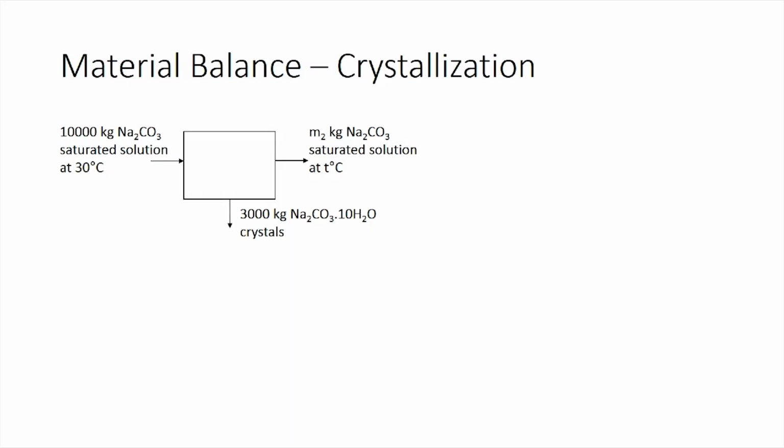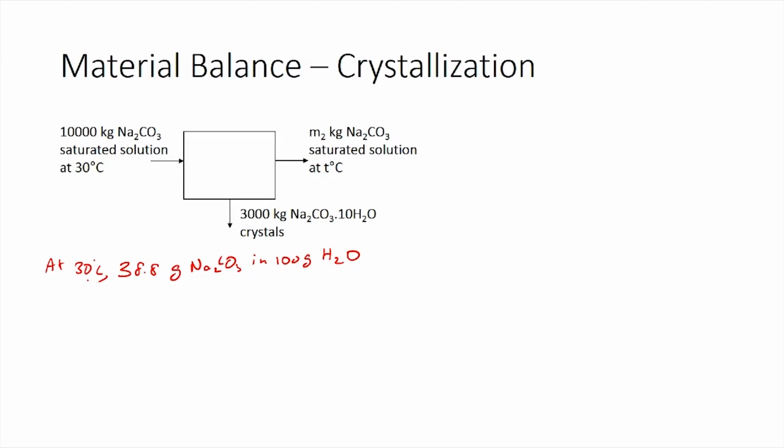The solubility data tells us that 38.8 grams of Na2CO3 can be dissolved per 100 grams of water. So, at 30 degrees Celsius, 38.8 grams of Na2CO3 in 100 grams of water will give you a saturated solution.